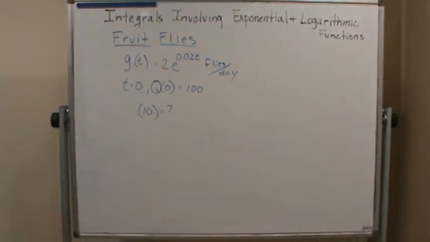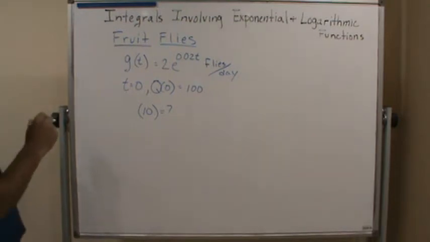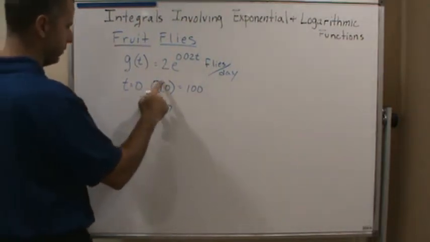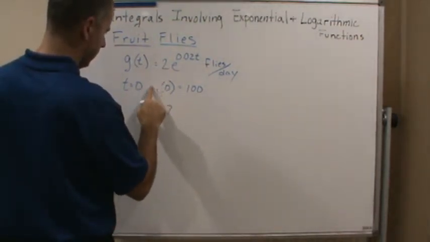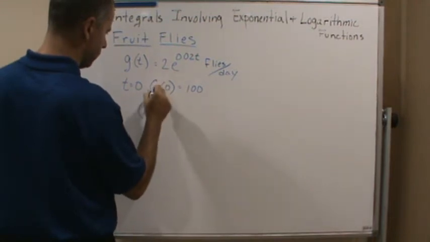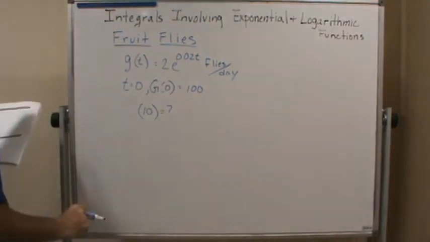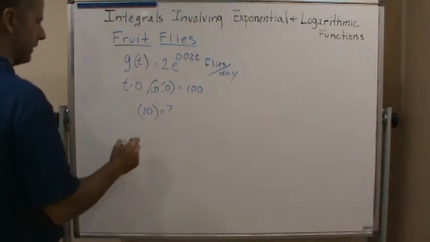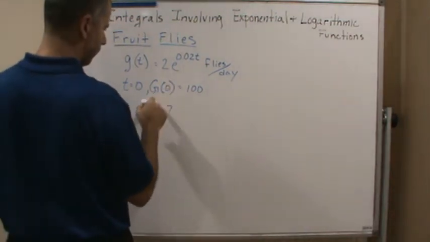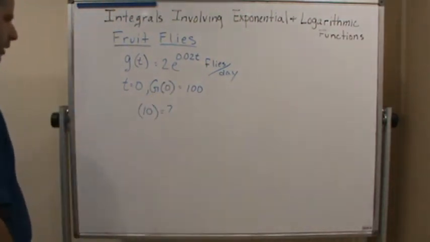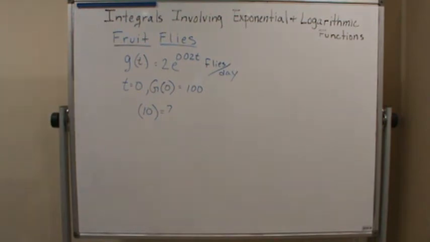I think on the last example problem I wrote the wrong symbol. Not Q, G. I'm getting mixed up with the last problem. So G. In the last problem, I think I used lowercase g when I should have used capital G for this one.